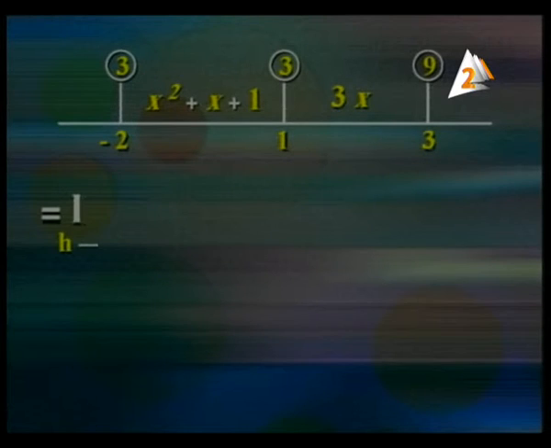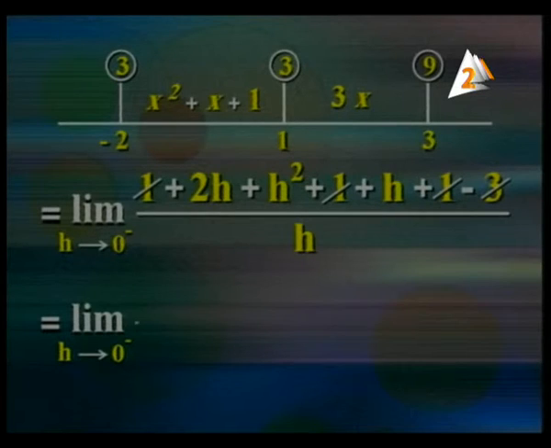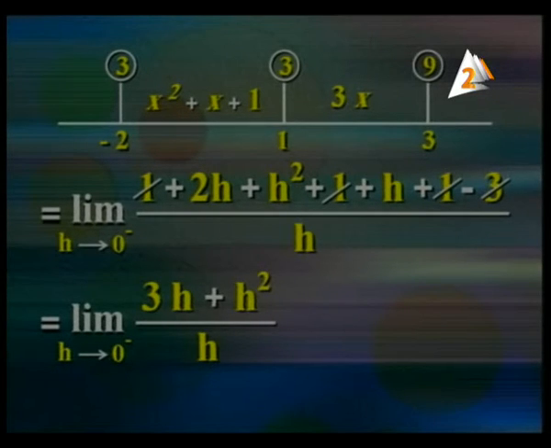By simplifying, we get 1 plus 2h plus h squared plus 1 plus h plus 1 minus 3 over h. Looking at the constants, 1 plus 1 plus 1 is 3, and 3 minus 3 equals 0. The limit becomes the limit as h tends to 0 negative of 3h plus h squared over h.